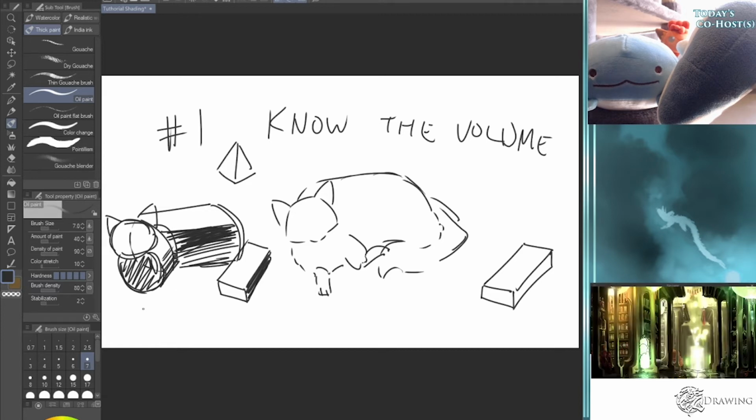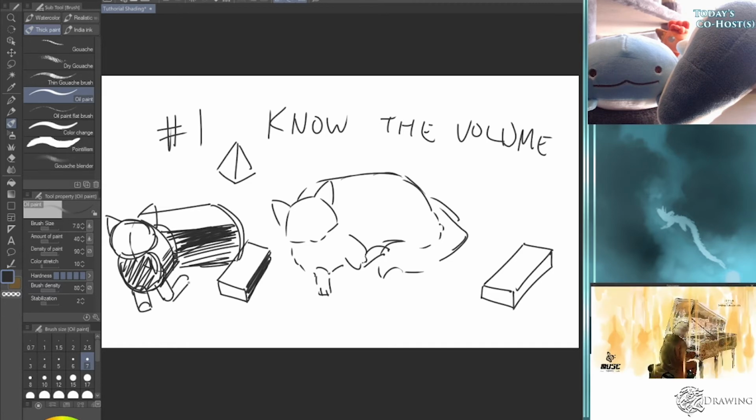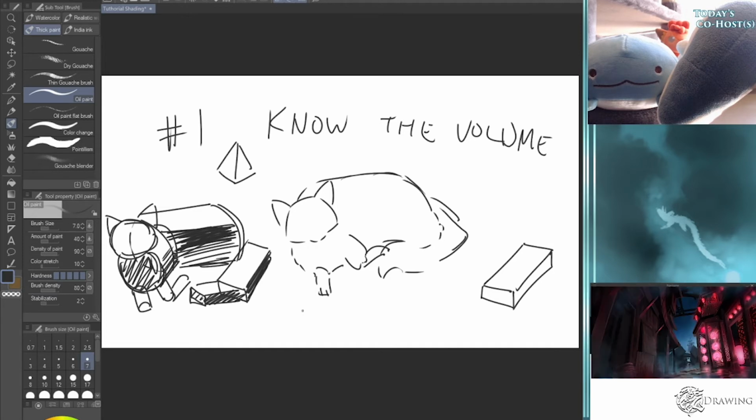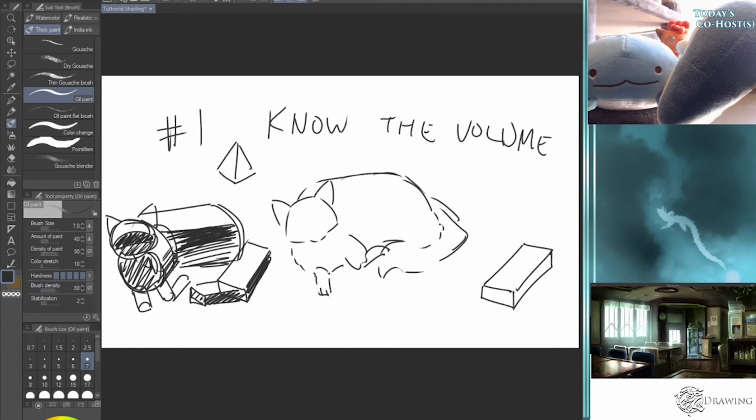Same with the arms. They're little prisms too. They kind of look more like spheres to me again. I know this sounds basic, but an impressive amount of streamers I see in art kind of have ambiguous volumes in the stuff that they draw, I feel.